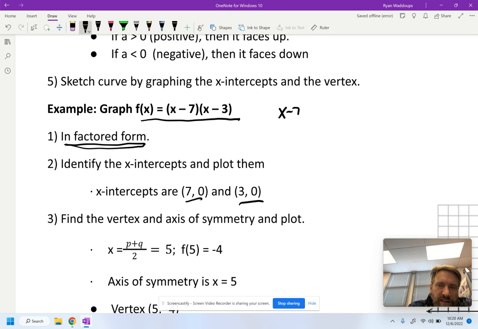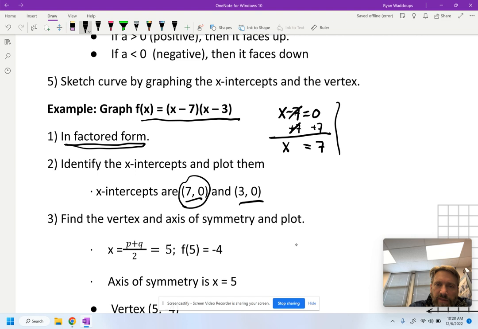If I take x minus 7 and set it equal to 0, and I add 7 to both sides, that cancels the 7 on the left, leaving x, and on the right gives us 7. So there's the 7 from 7, 0.